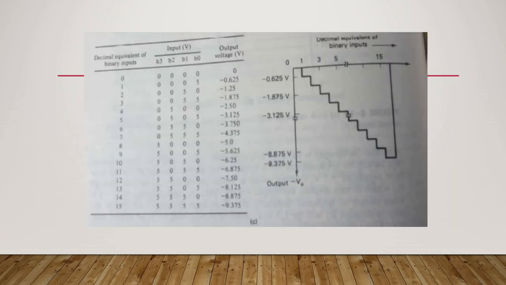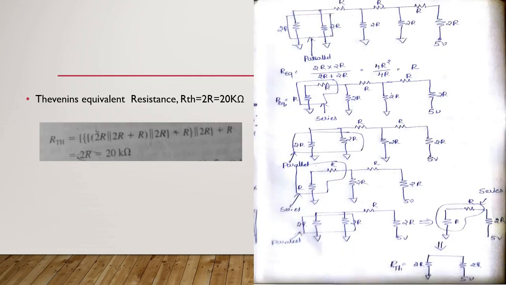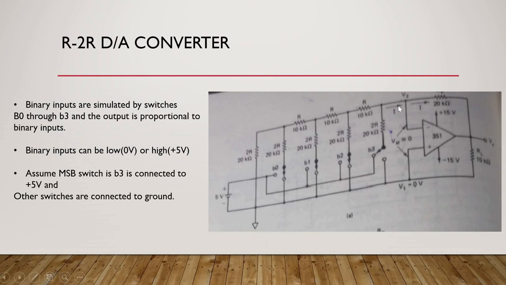In the exam you may expect this question for 6 to 8 marks. By that time you need to explain the basic figure, that is this one, the 4-bit converter. You need to explain all these: what type of op-amp, how many stages of R and 2R there are, how many switches are going to be used, how the switches are connected, and then how to apply.